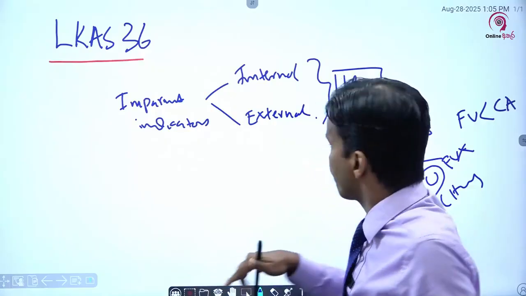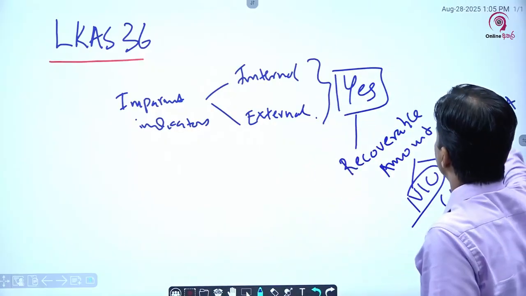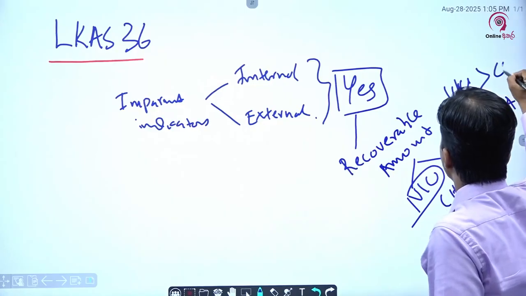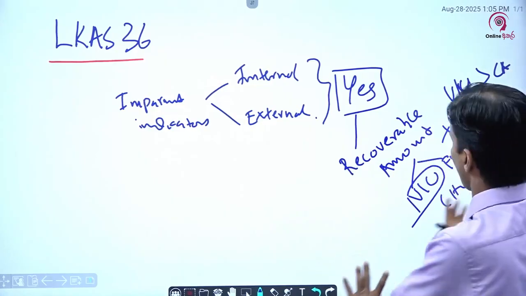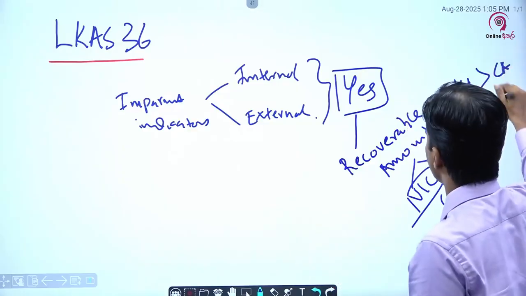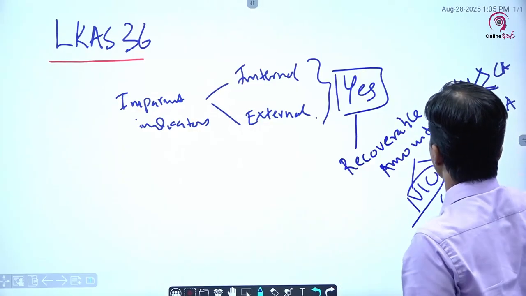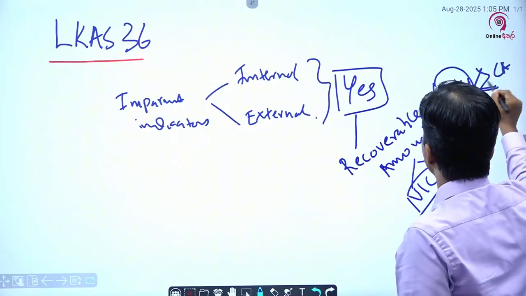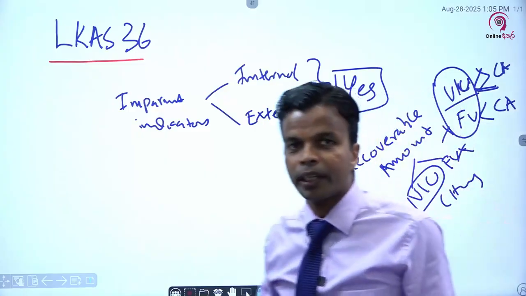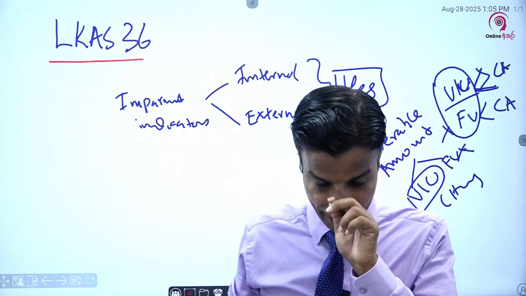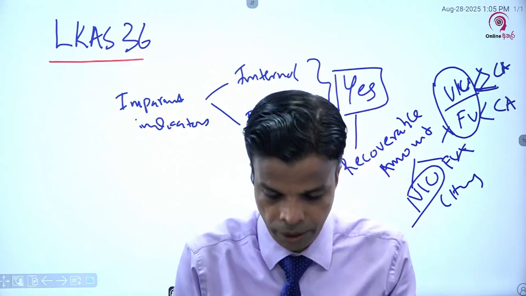If value in use is higher than the carrying amount, then no problem, because you were asked to use the higher of value in use or fair value, no impairment. But if both go in the same direction, then use the higher of these two, compare it with the carrying amount and recognize impairment loss. So that's the basic idea of the impairment standard.